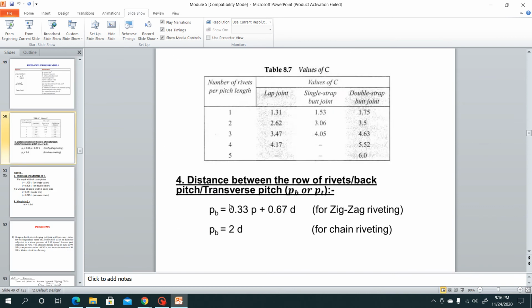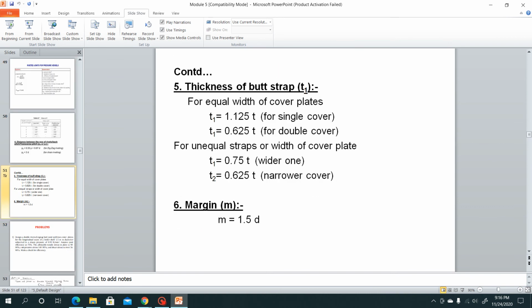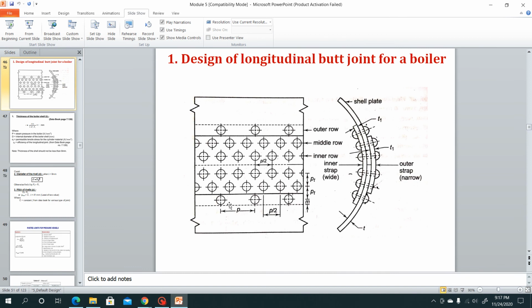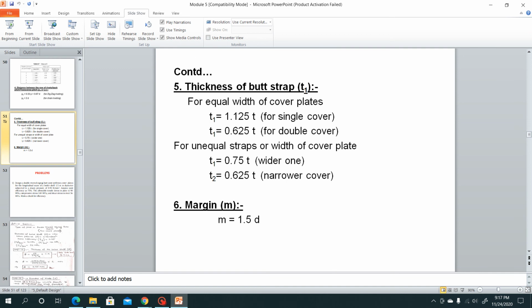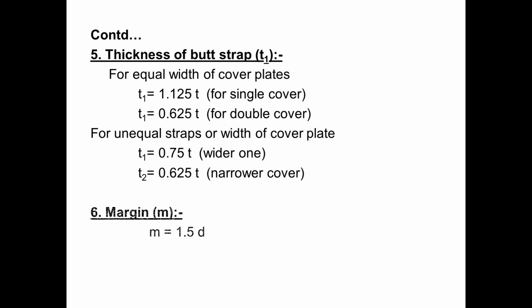So this is the complete design procedure of the longitudinal butt joint which we use for boiler shell. Any doubt in this design procedure? No, sir. Okay.